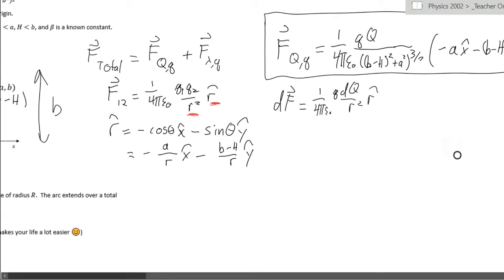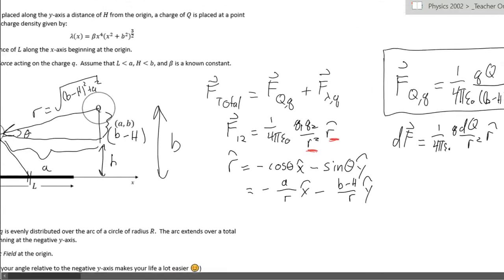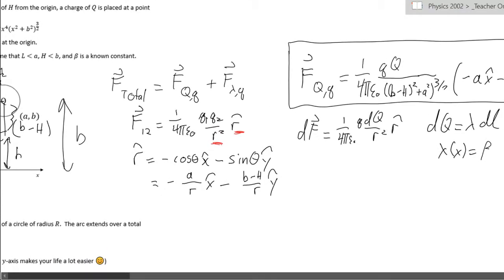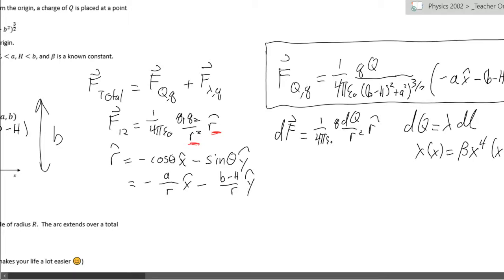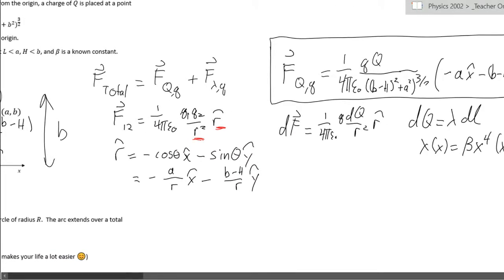So this infinitesimal charge dQ is going to be equal to lambda times dl, where lambda is some given function. So this is lambda as a function of x, is going to be equal to beta x to the 4th times x squared plus h squared to the 3/2.